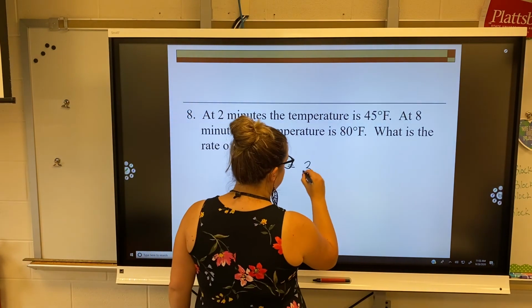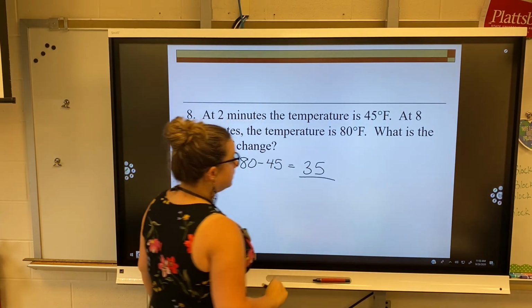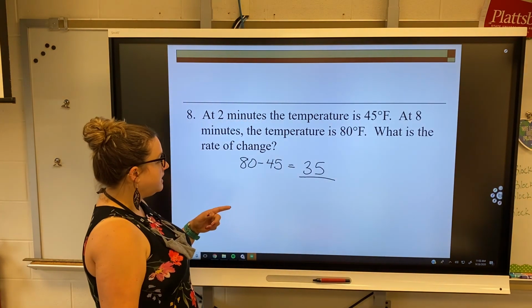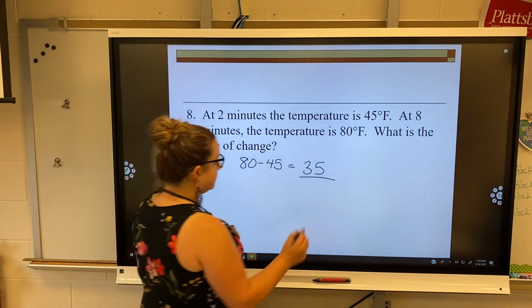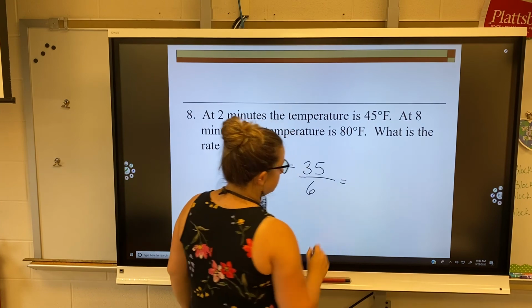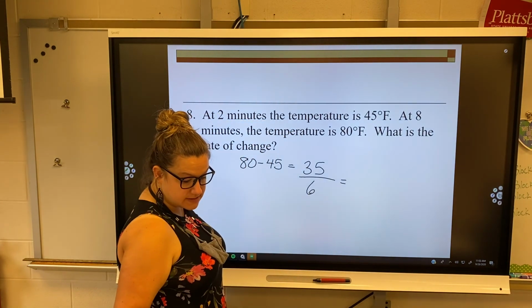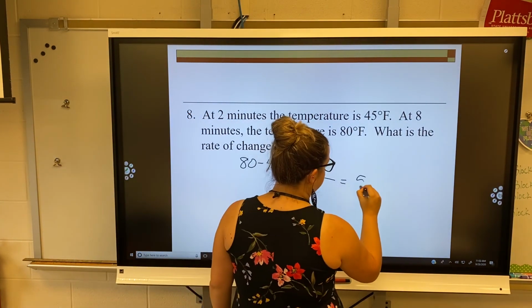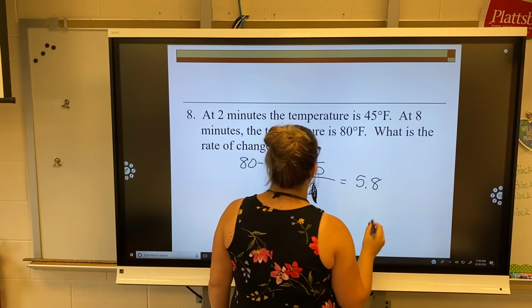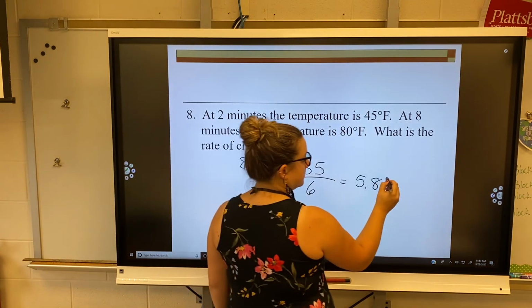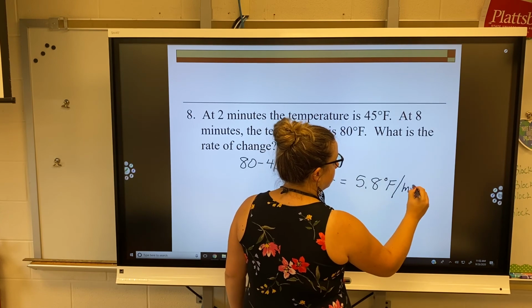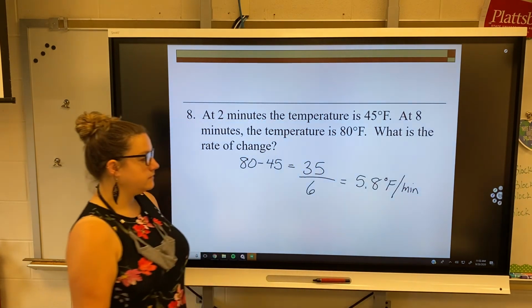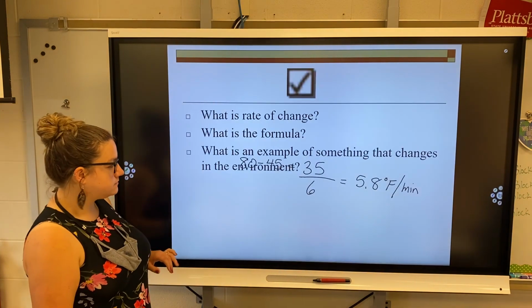I have 35 over, well, it went from 2 minutes to 8 minutes, so how many minutes is in between there? 6, good. So then 35 divided by 6 is going to be 5.8. And we're talking about temperature, so degrees Fahrenheit per minute. Sorry, that's a funky looking M.